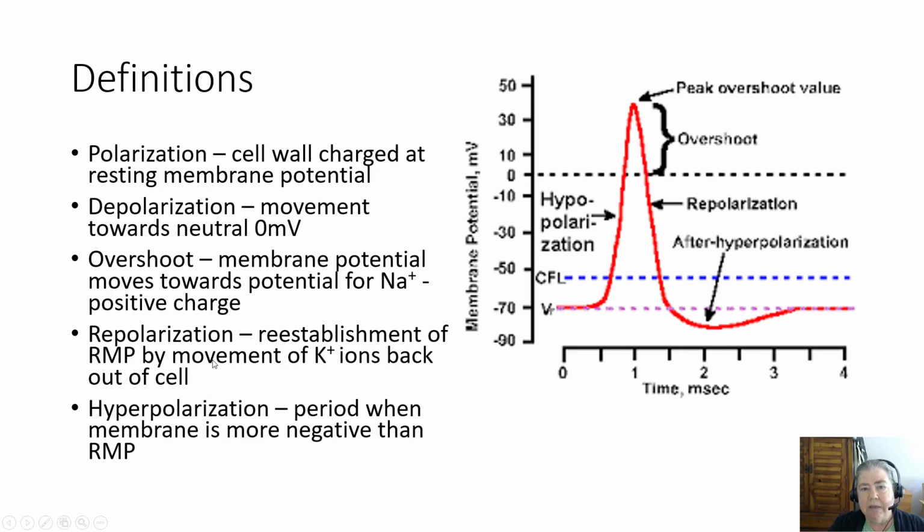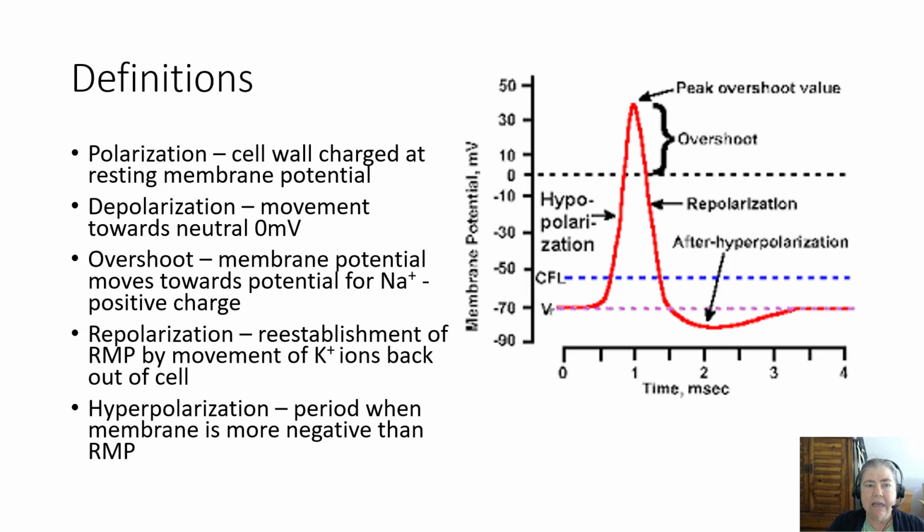So I want to talk about a few concepts in the changes that can occur in the membrane potential. The establishment of that membrane potential is called polarization. So the cell membrane becomes polarized.